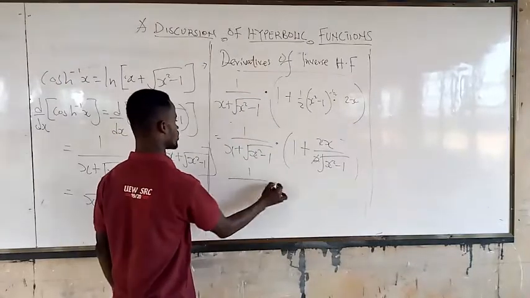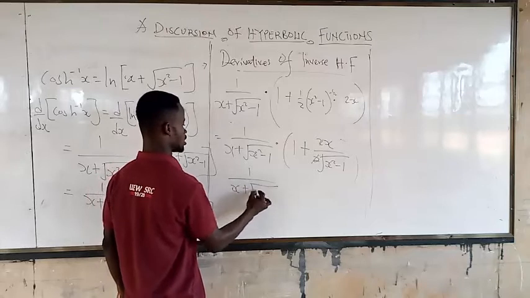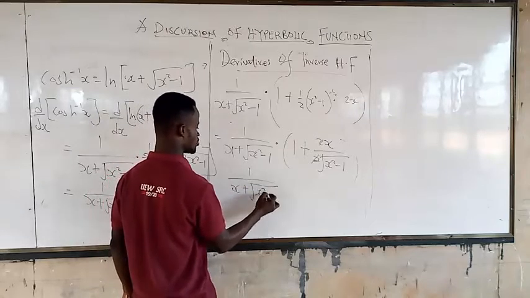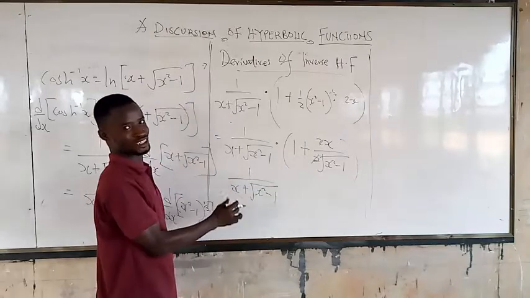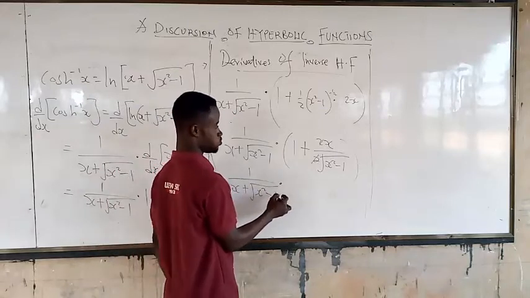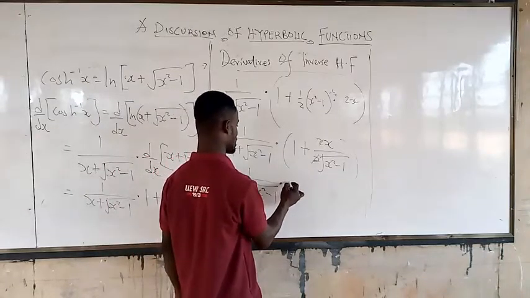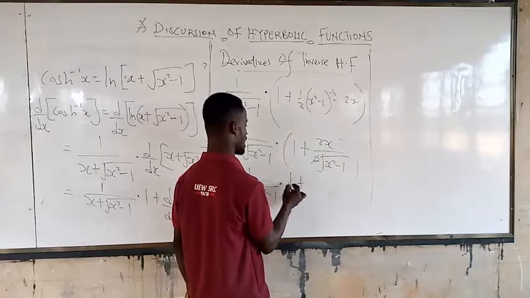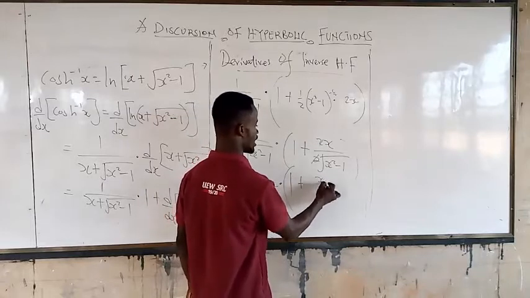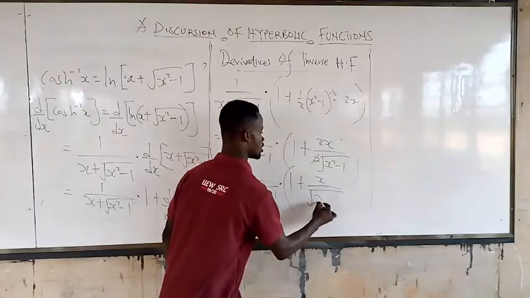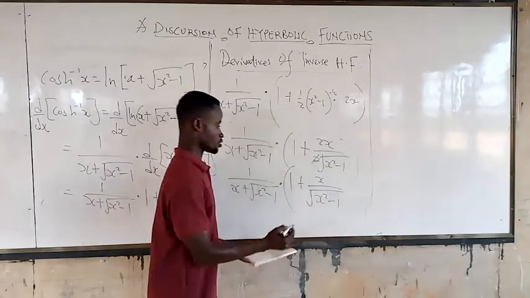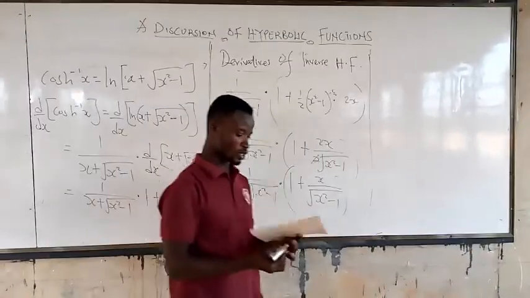Please, this is not calculus, this is just algebra. Multiplying by 1 plus x over square root of x squared minus 1. I hope you can see that.